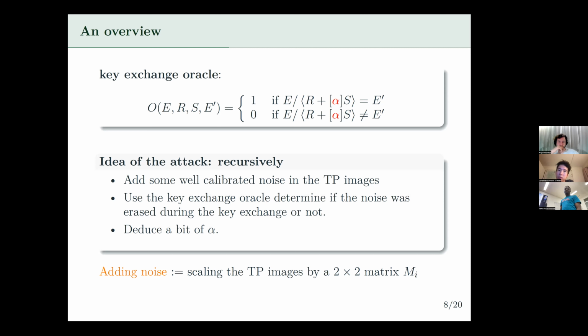If this noise is cancelled, or it is not cancelled, when you learn this information, you can deduce 1 bit of the secret scalar alpha of the owner of the secret key. So adding noise here is just multiplying the torsion point images by a well-chosen scalar.